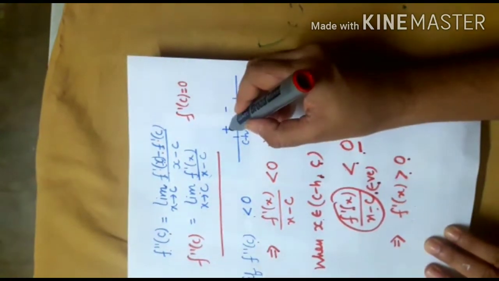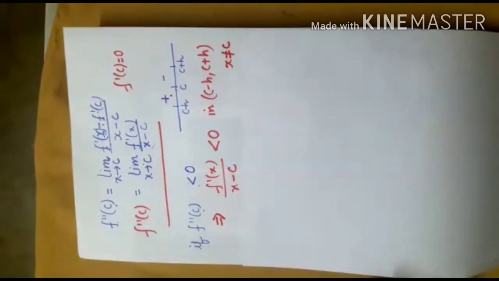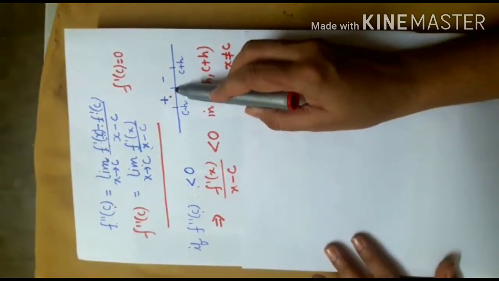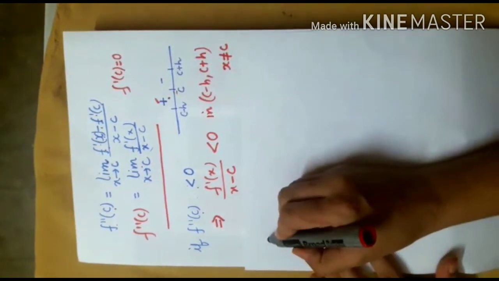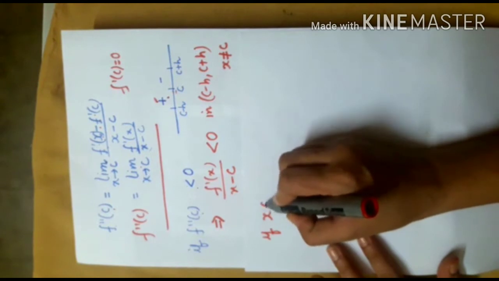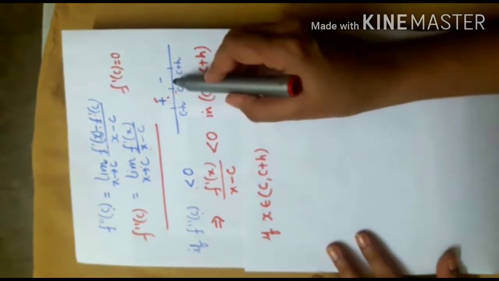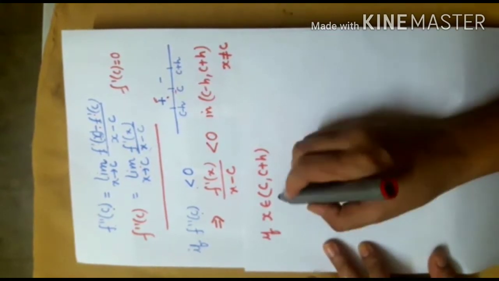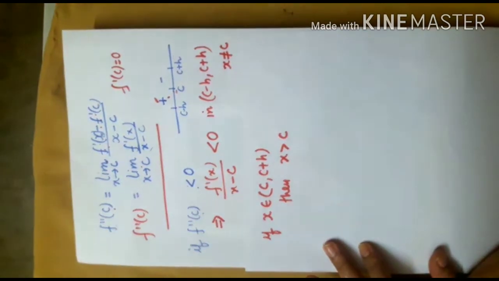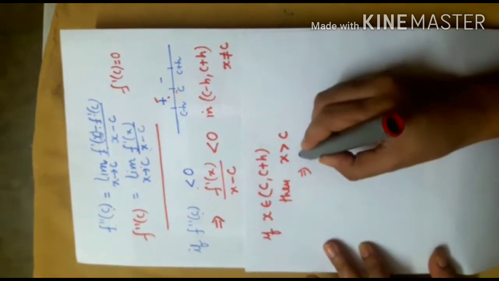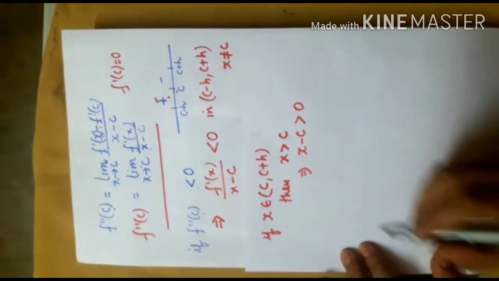That is, the sign of the derivative is positive in this part. Now, if x belongs to this part, that is the interval c to c plus h, then definitely x will be greater than c, and this would imply that x minus c will be greater than 0, right?